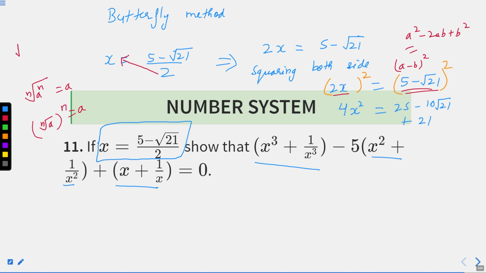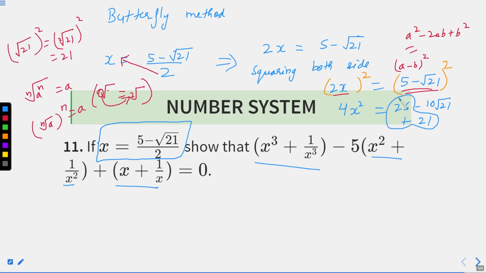Here root means square root, so root 21 square is 21. Please remember root is square root; we just don't usually write the 2. Now we simplify: 25 plus 21 gives 46.